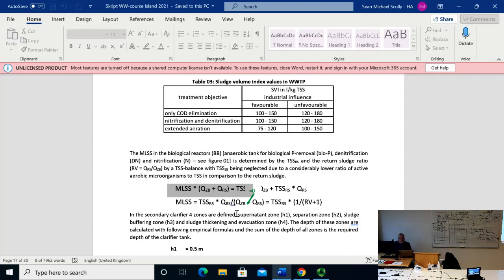Okay, I don't know why it's doing that. So this looks a little bit strange, because this 0 really means that this TSS of the influent is neglected in this case, no? So I put it to 0 here.